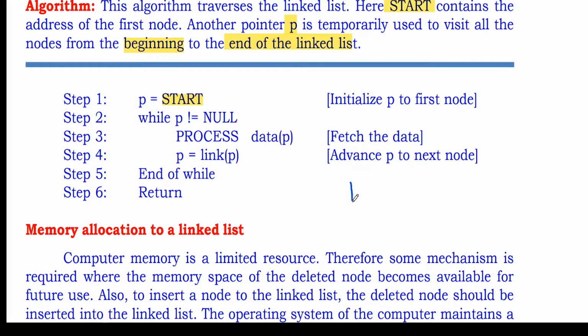Let me write a simple example. This is the first node, and we have a next node here. We'll take only 4 nodes, and this is one more node.